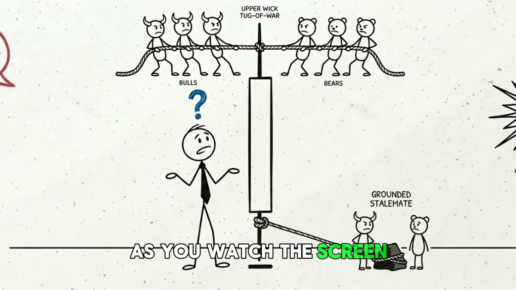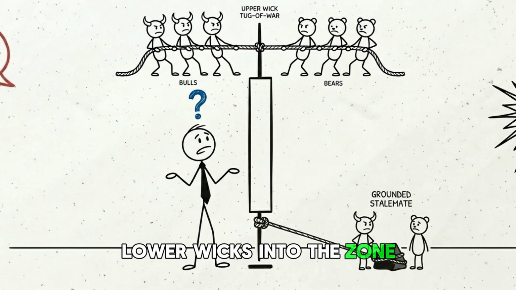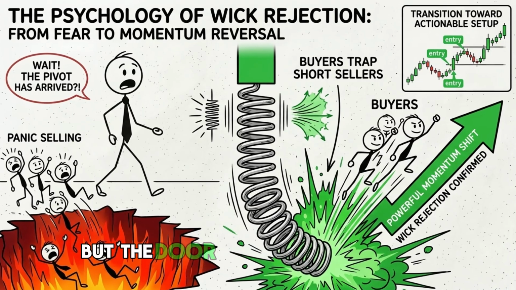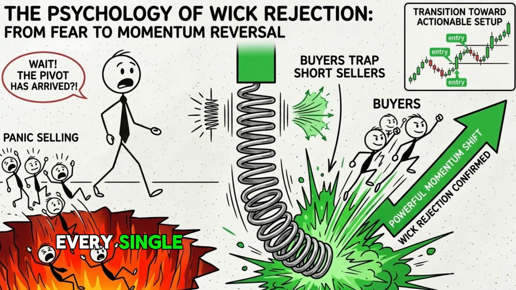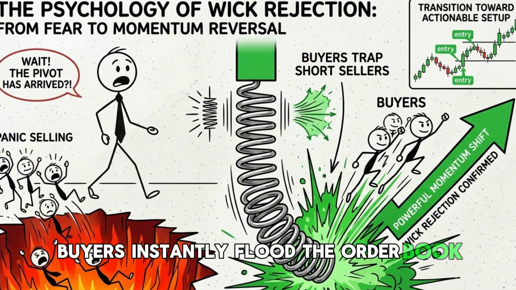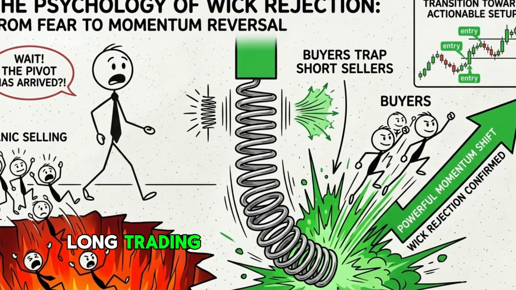As you watch the screen, you notice 3 or 4 candles in a row printing long lower wicks into the zone. This visual tells you that the sellers are desperately trying over and over again to force a structural breakdown, but the door is completely locked. Every single time the price dips beneath that line, buyers instantly flood the order book, creating a sequence of wicks that practically screams an impending long trading opportunity.